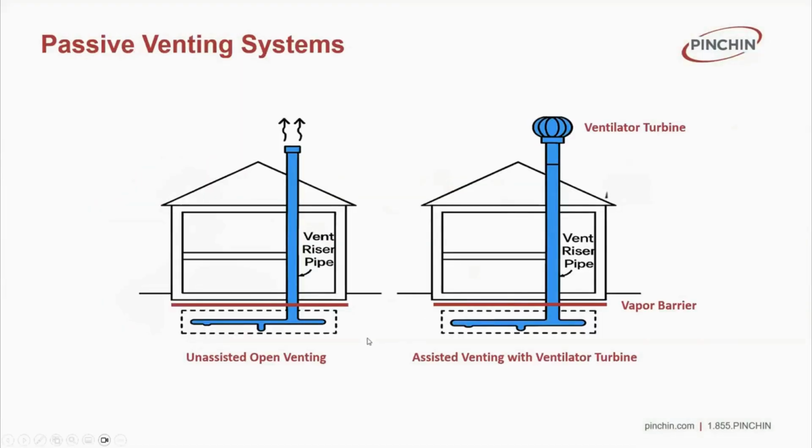Passive venting systems can be represented by these two schematics mainly: one without ventilator turbine assistance and one with ventilator turbines. The one on the left works with stack effect, which Andrew has actually dived into quite a bit.